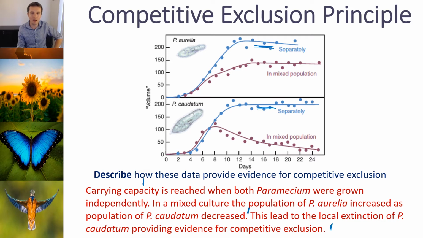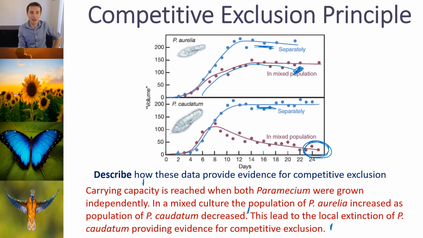And I give you 1 mark for actually answering that question, because you can notice here that you're getting the local extinction of one population while the other population is reaching a carrying capacity. However, it is a lower carrying capacity than when it is grown separately. So that does indicate that the presence of this other Paramecium impacts the population growth of the other Paramecium.